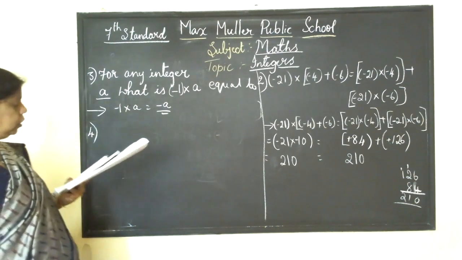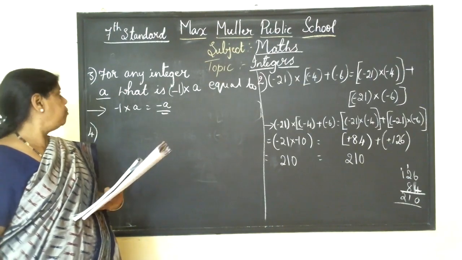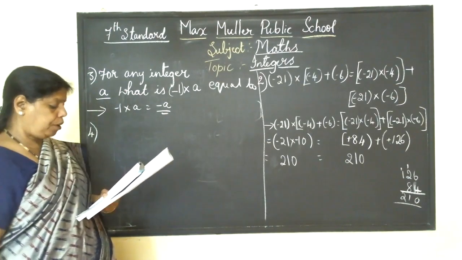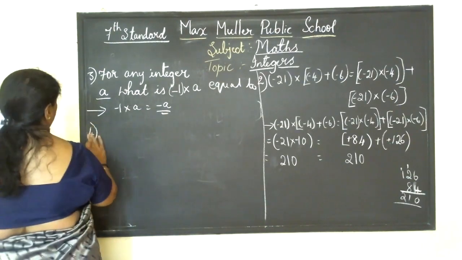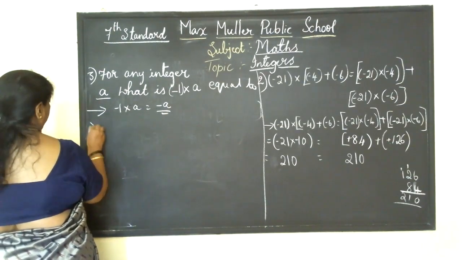So I'll move directly to the fifth main, children. Find the product using suitable property. This is fifth main. Okay.